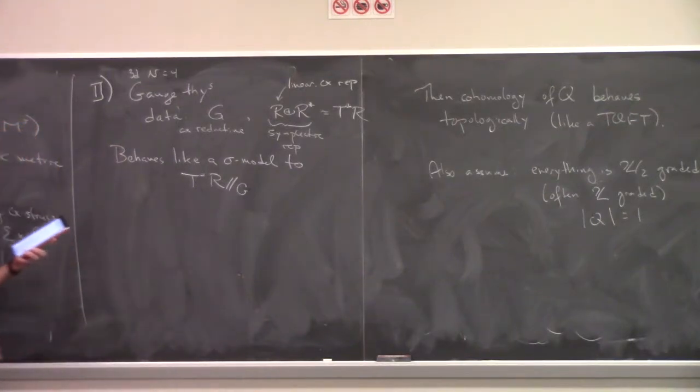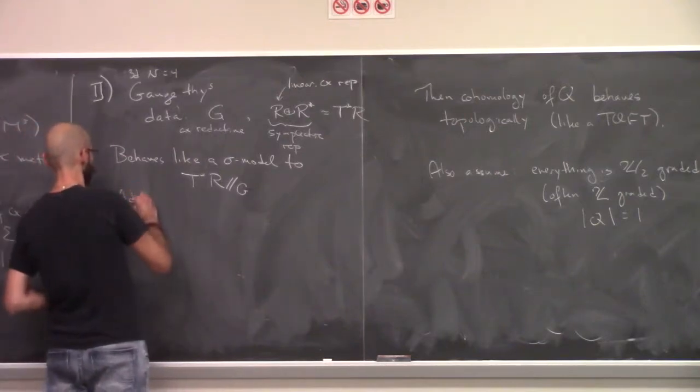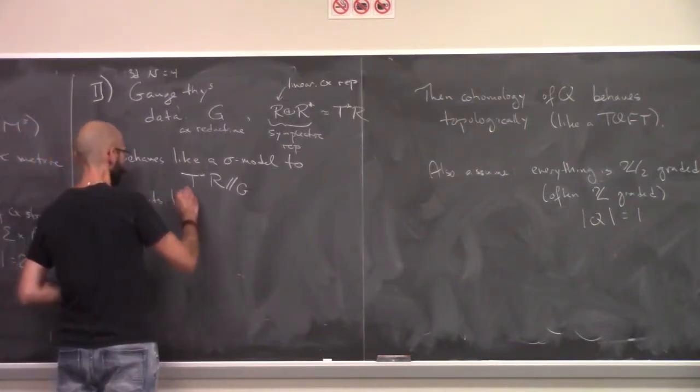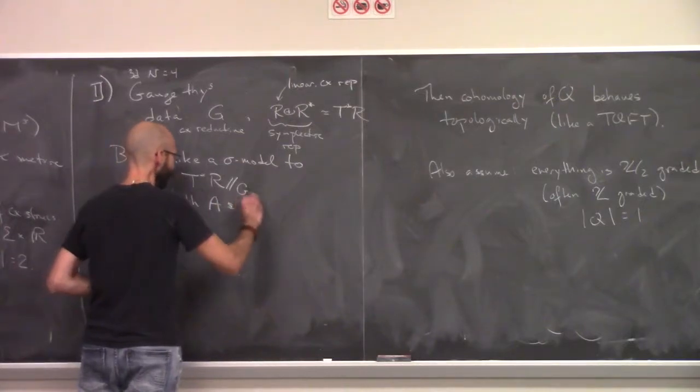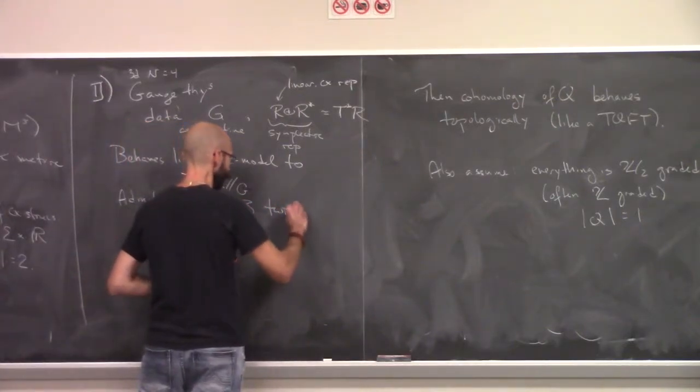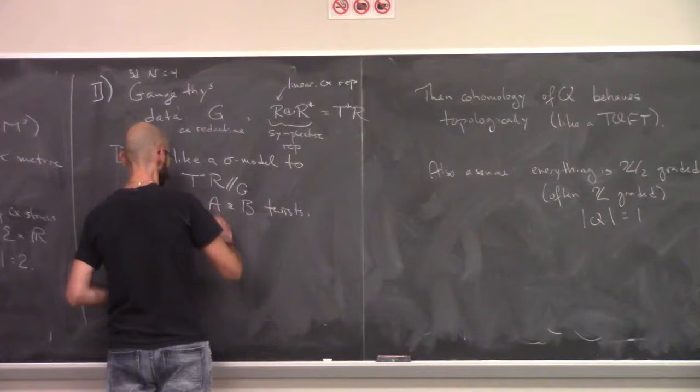And there's a very nice parallel, and sometimes you don't need to pay attention to the fact that it's a stack, and you just use it as an ordinary space. And this admits both A and B twists, and they're both Z-graded.